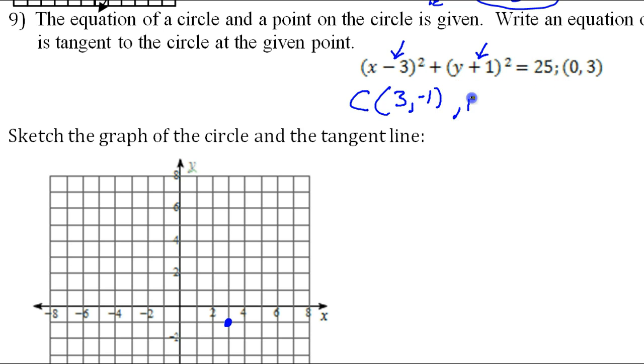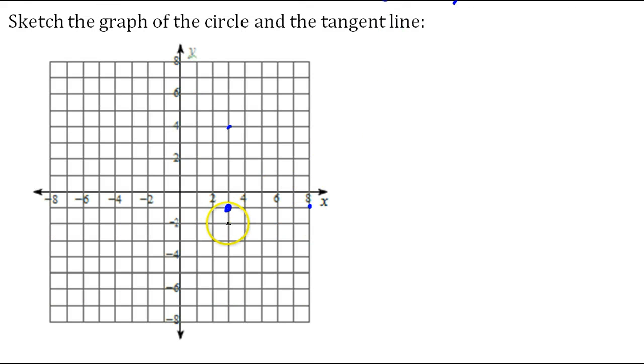I don't think we absolutely needed to know that, but it doesn't hurt to know that the radius is 5. So as far as drawing it, 1, 2, 3, 4, 5. This circle is going to be out 5 in all directions.